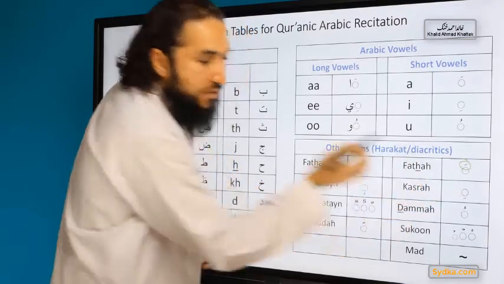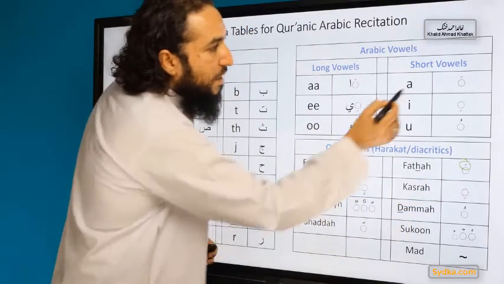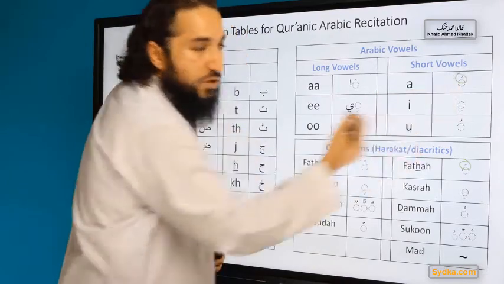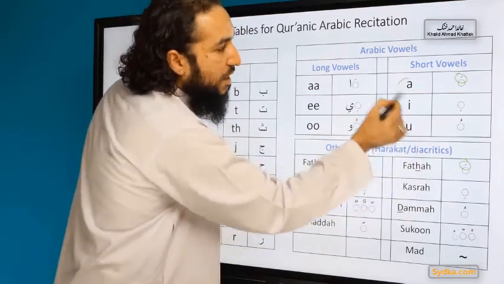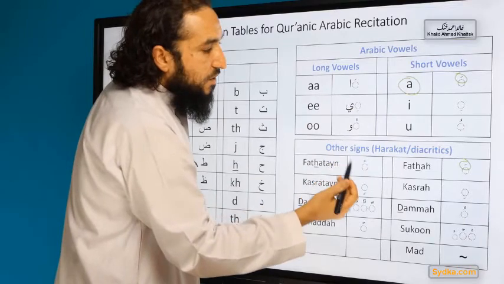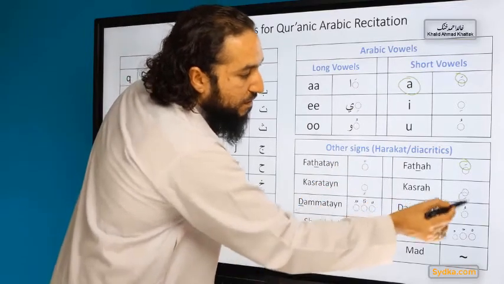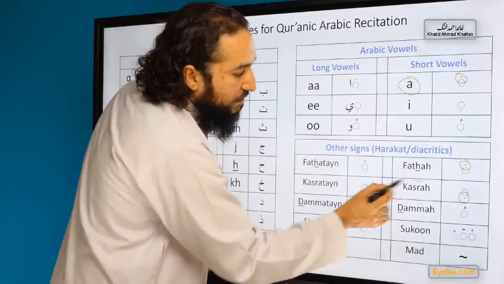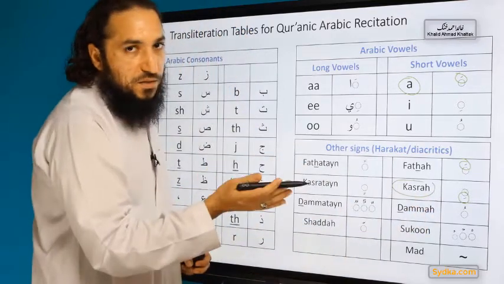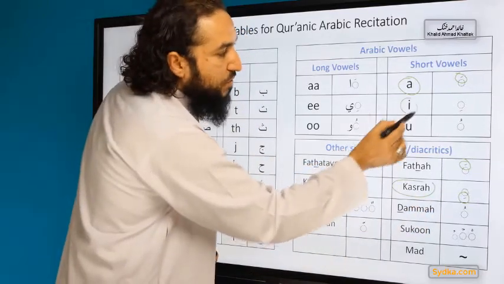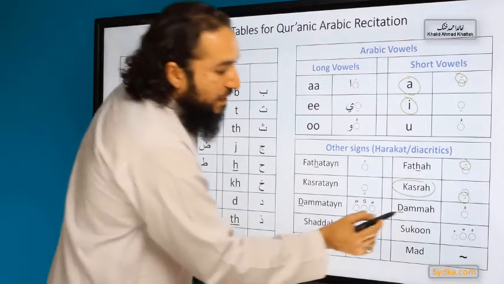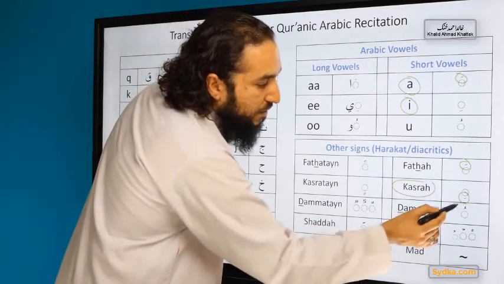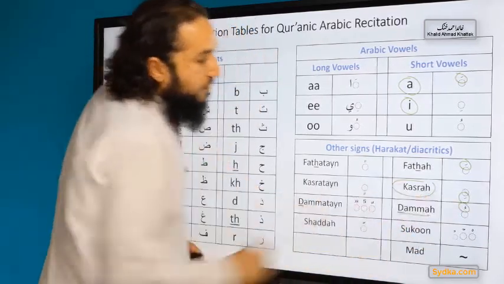It is written on top of a word, and it is actually called a short vowel. We use alif A for that. Kasra, we just explained. It is under the letter, and we use I sign for it. And dhamma, this is the sign for dhamma.